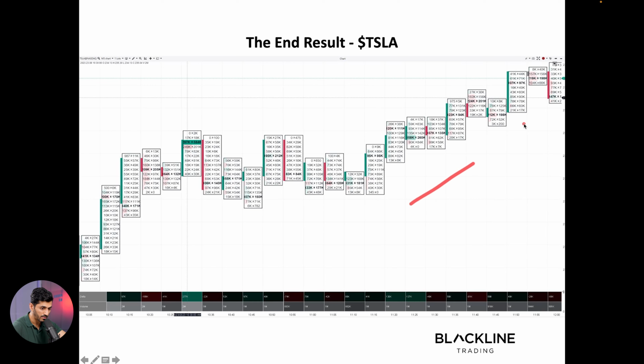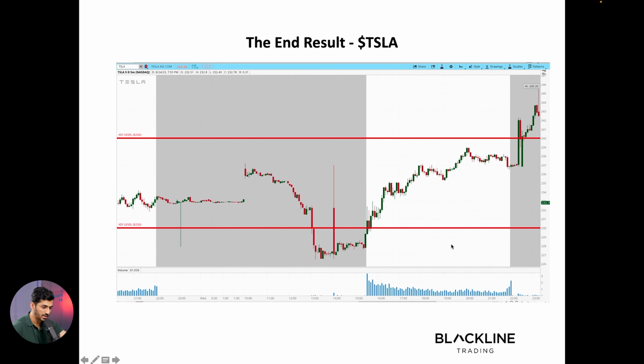The stock trades higher and we get a 10-point rip from 230 all the way to 240. This is how it looks on the candlestick chart, right? 230 defended, initiative activity kicks in, and we trade all the way to 240.